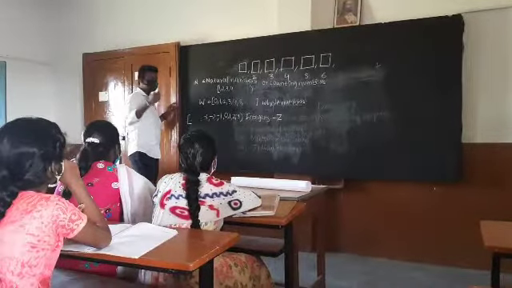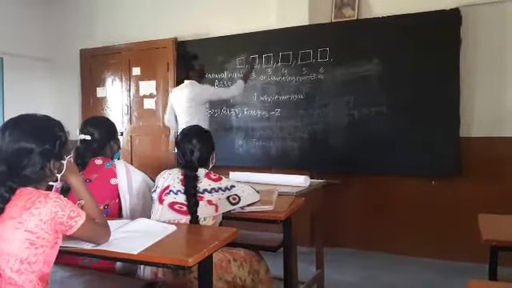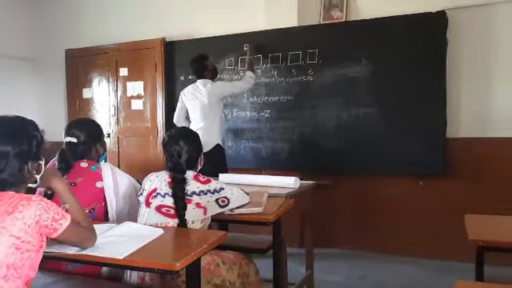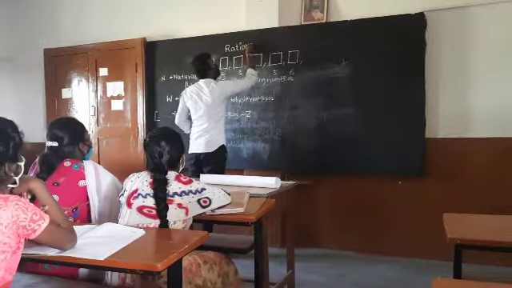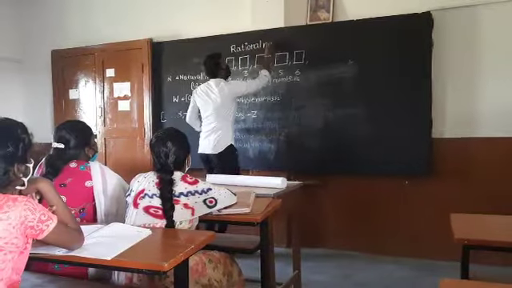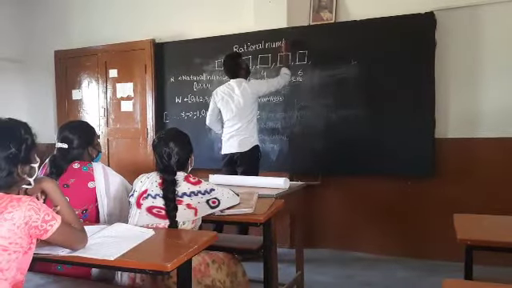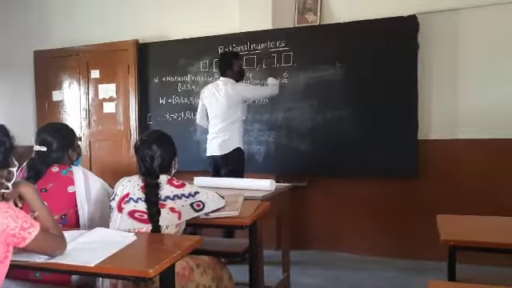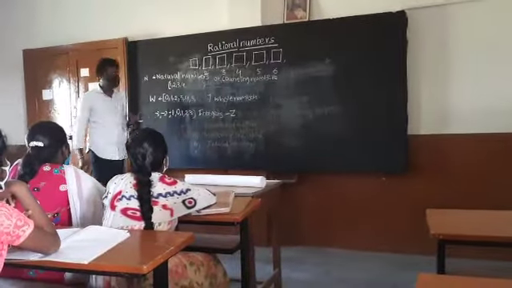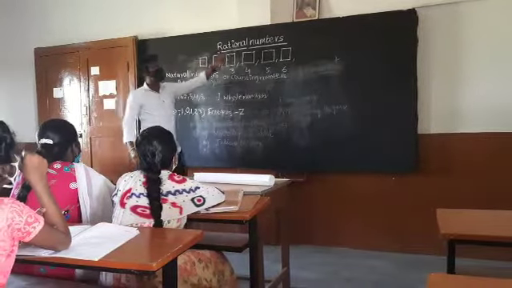The collection's name is rational numbers. How do these numbers look?